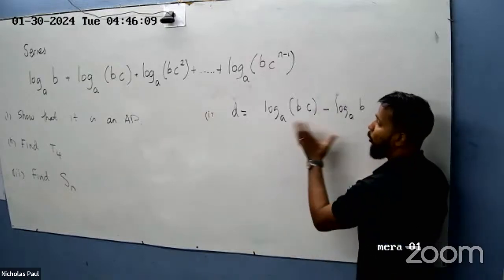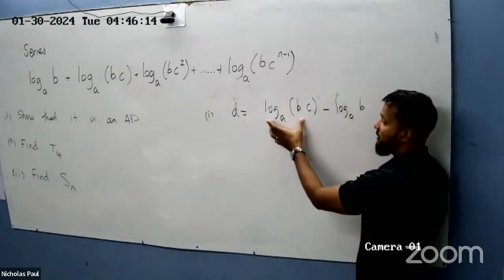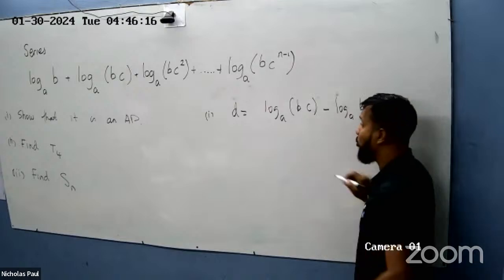Remember, in order for you to get D, you have to subtract consecutive terms. So you have to subtract this and this.